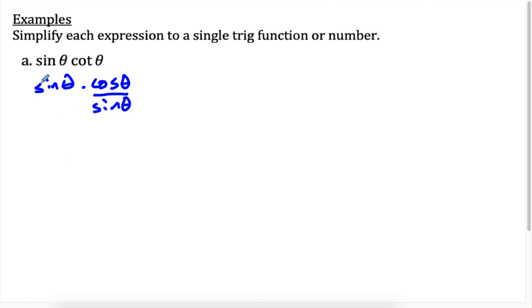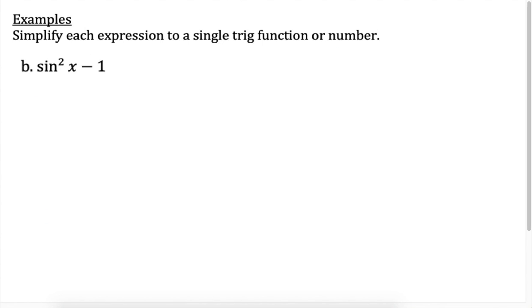Whenever I have like terms in the numerator and denominator, and I'm multiplying, they can just cancel out, and this whole thing would just equal cosine of theta. Okay, so those are the types of operations that we want to think about. And it tells you that your answer will always be either a single trig function or a number.